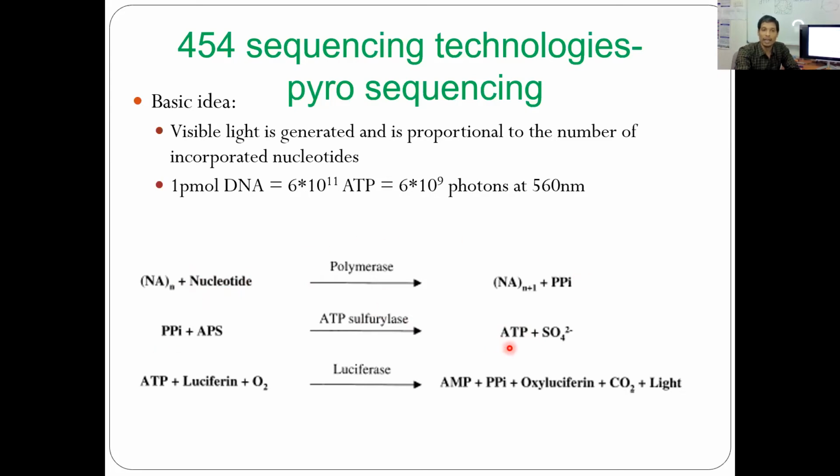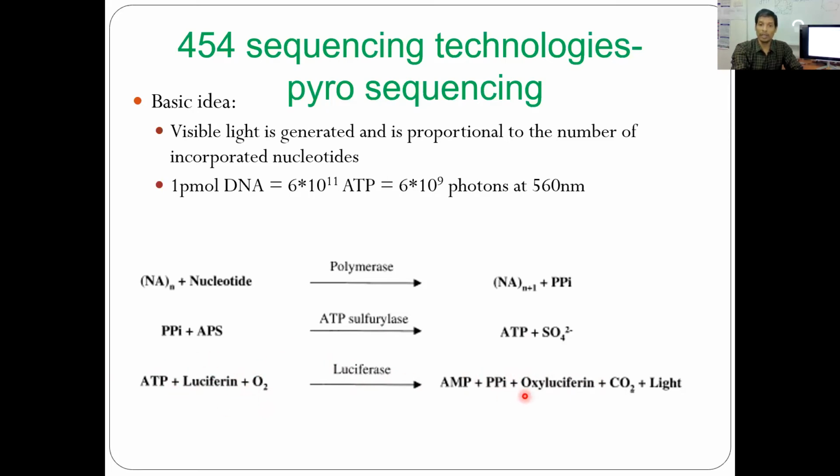This ATP again acts on luciferin, another substrate present on the beads, and luciferase, another enzyme also present in the beads, and oxygen from the surrounding environment. The luciferin will be converted into oxyluciferin. ATP is utilized for this reaction. When there is no ATP, oxyluciferin will not be formed. When there is ATP, one oxyluciferin will be formed from one luciferin.